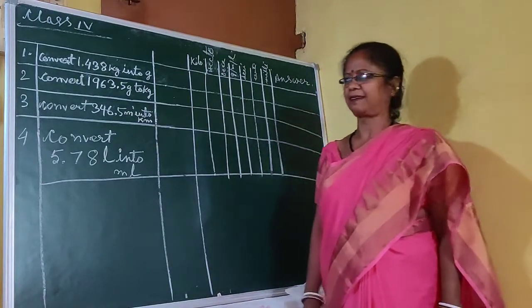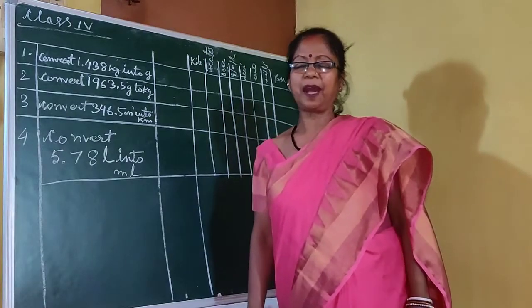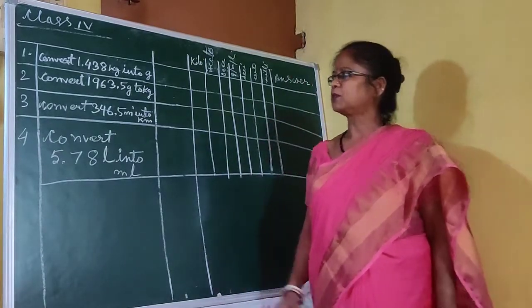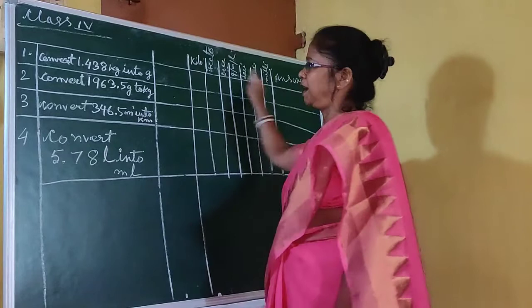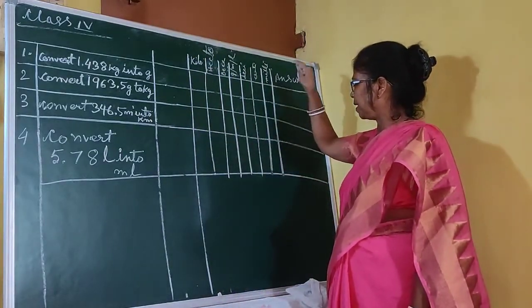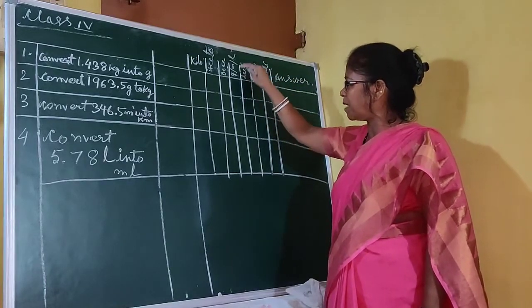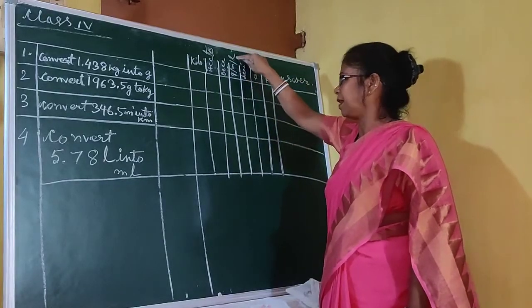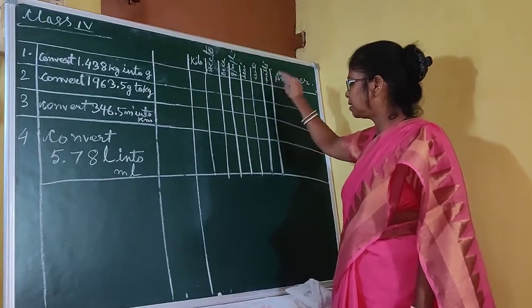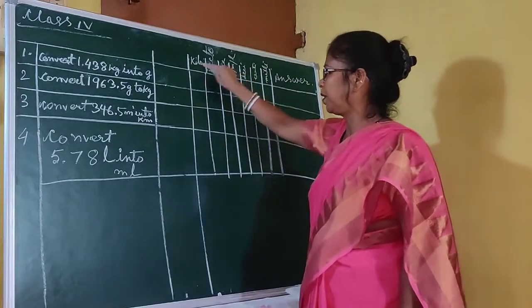So let's start. First you have to decide by how much you have to divide. Here on this table I have decided. I have written that milli, centi, and the 3 basic units: gram, meter, liter. The gram table is milligram, centigram, decigram, gram, decagram, hectogram, kilogram.